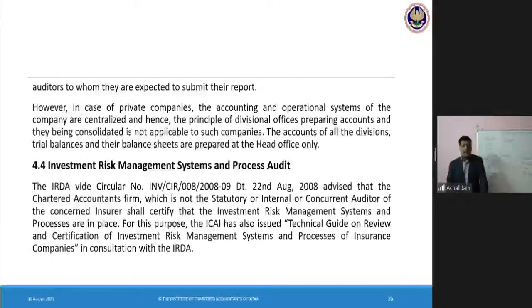Secondly, another very, very important aspect about insurance companies is the involvement of the IT environment. In today's scenario, when we talk about any entity or organization, not limited to the insurance company, you can all understand the involvement of IT. IT systems are significantly required for a company to run its business and to maintain its reporting requirements.